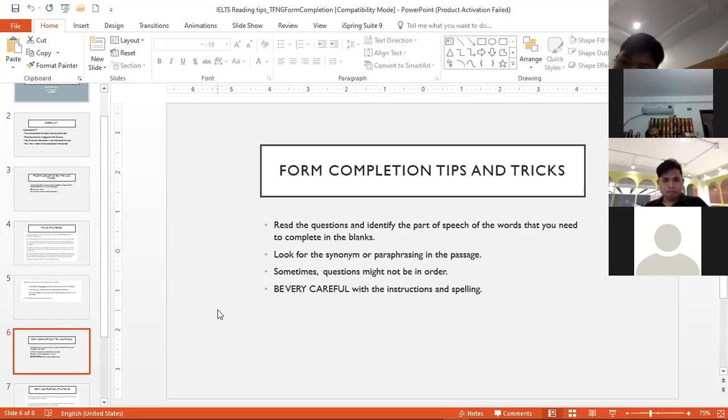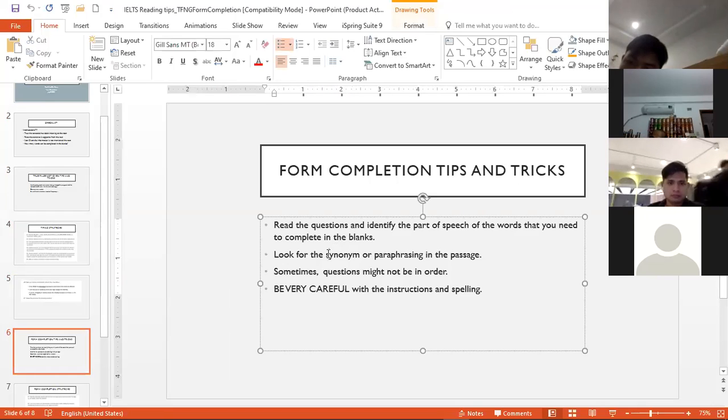For form completion, some tips are to read the questions and identify the part of speech of the words you need to complete in the blanks, whether it's a noun, adjective, or something like that. Then look for the keywords, actually synonyms or paraphrases of the keywords in the questions, and look for them in the passage.